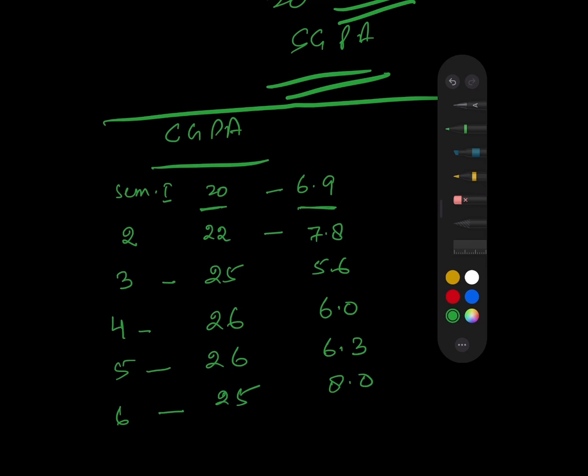I'm just going to tell you how you will get CGPA. Semester 1, total number of credits which you studied 20 and you got 6.9. Similarly, 2nd, 3rd, 4th, 5th and 6th.